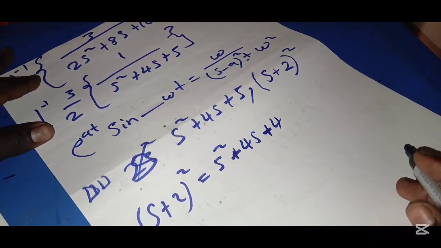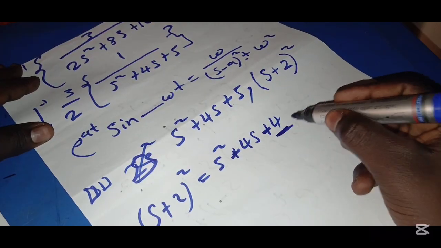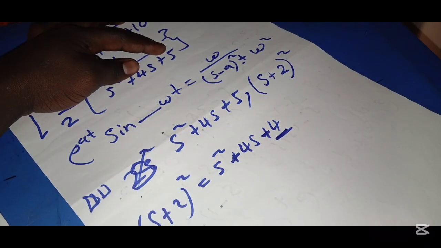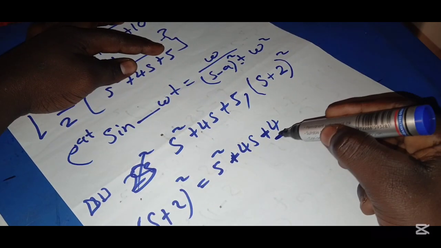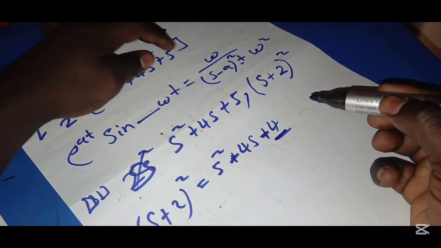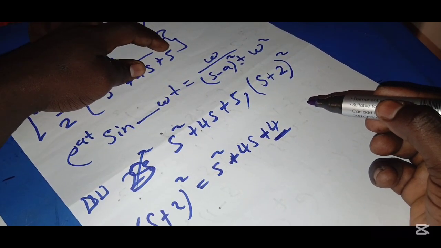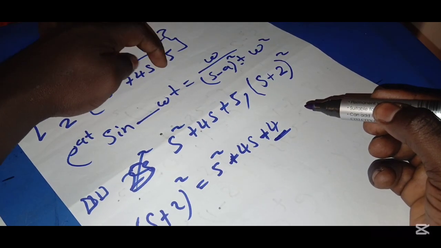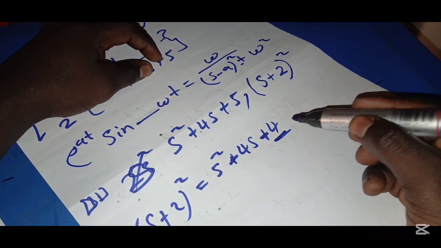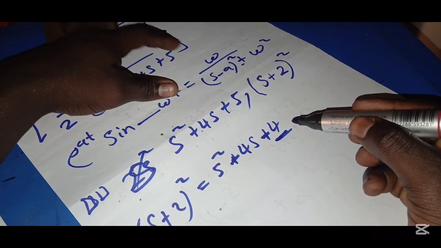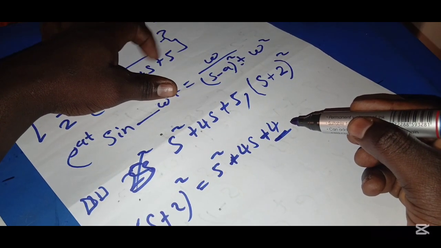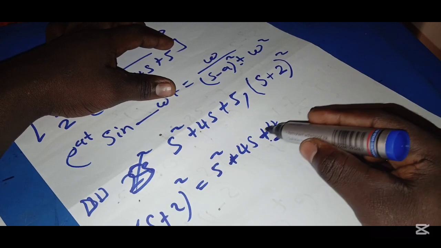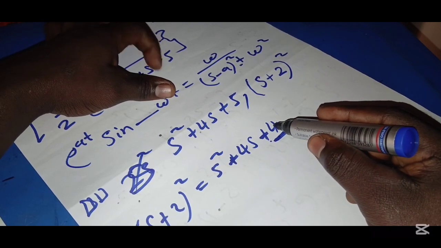Good. So now this constant here is going to have an effect on this 5 like we did earlier, right? Now that this constant here is positive, it means that this term here, which is supposed to be our omega squared, has increased by 4. This positive 4 is telling us that it has increased by 4.